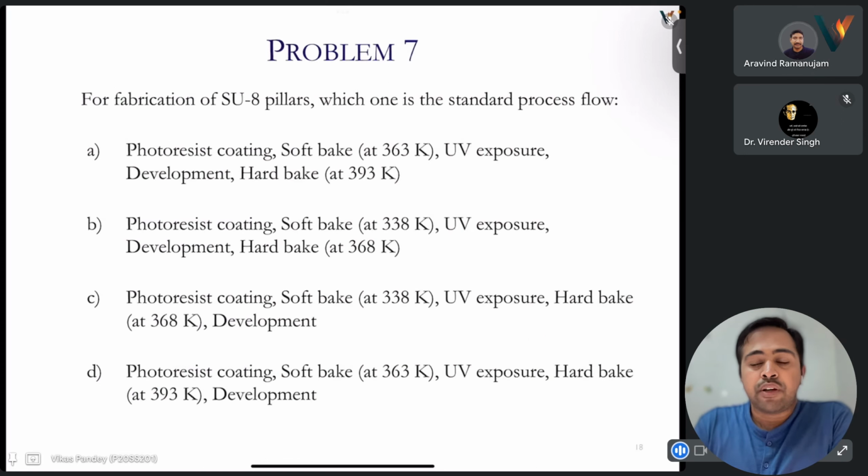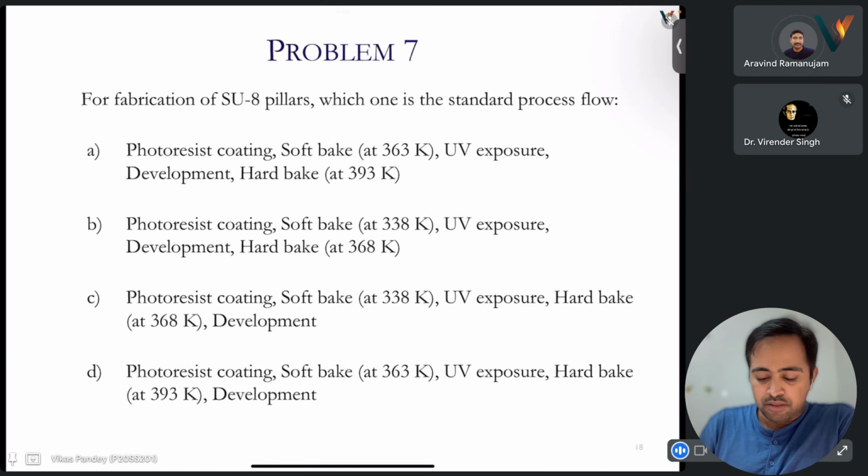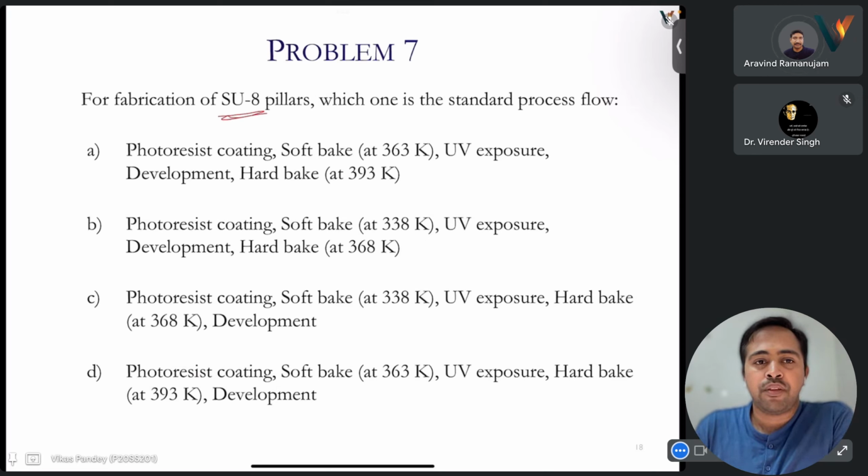For the fabrication of SU8 pillars, which one is the standard process flow? Photoresist coating, soft bake at 363 Kelvin, UV exposure, development, hard bake at 393 Kelvin.